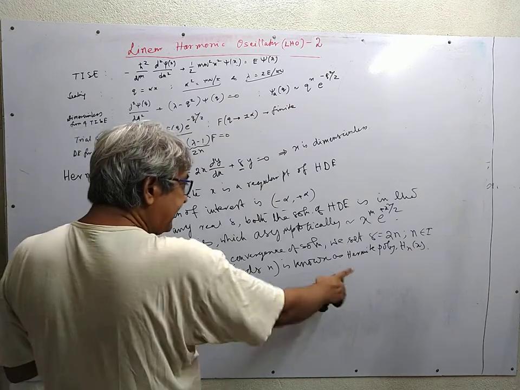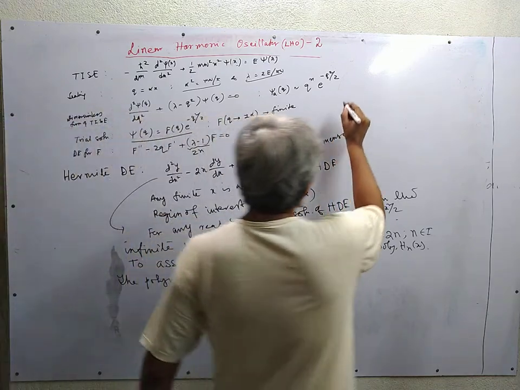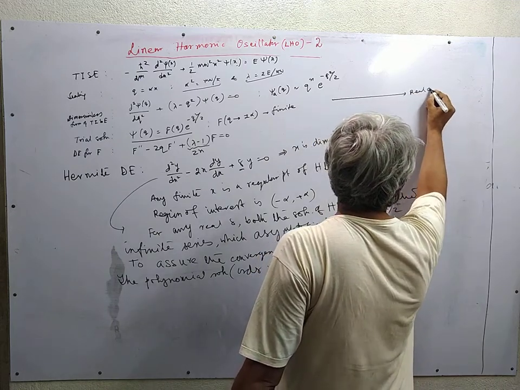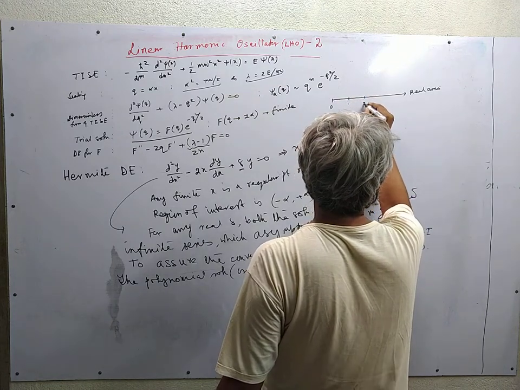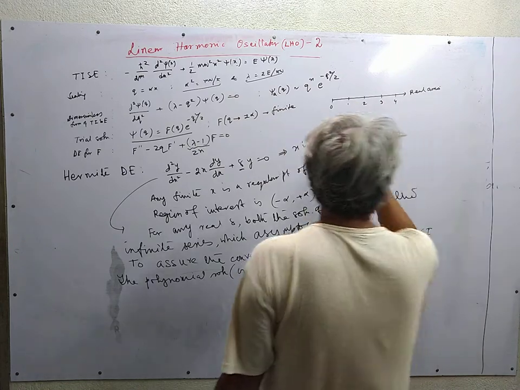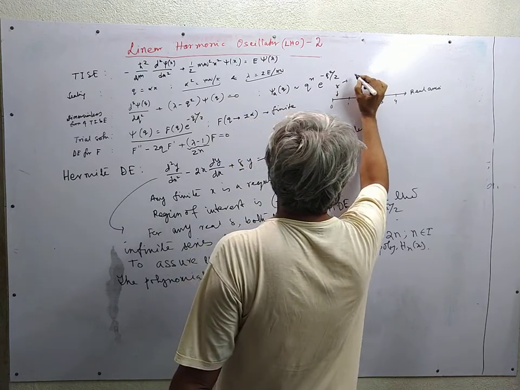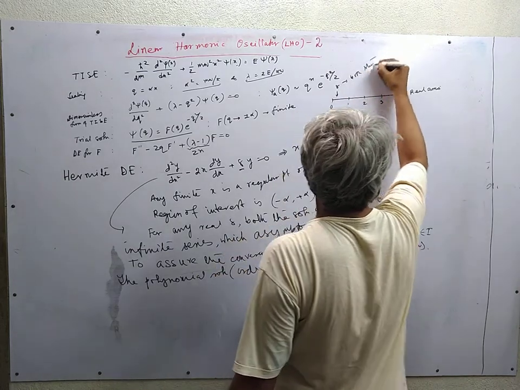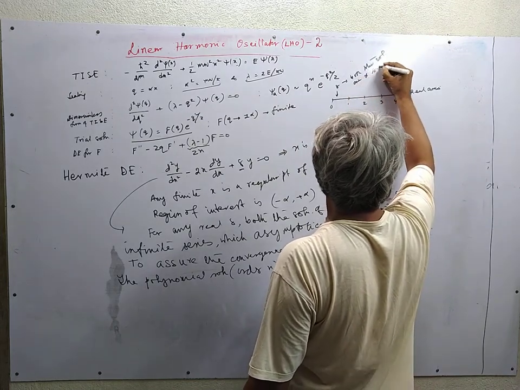If we want to give a pictorial representation of this quantization, it is this. This is the real axis, 0, 1, 2, 3, 4 onwards. If gamma lies over there, then both solutions are infinite series.